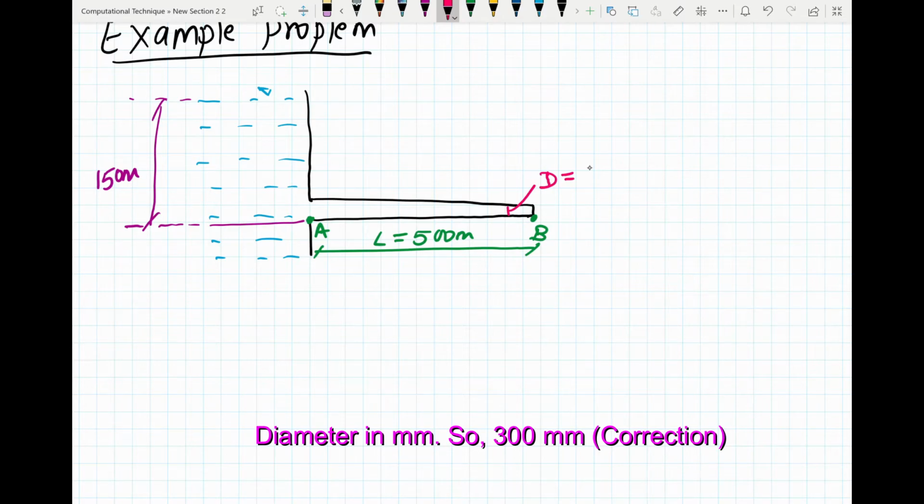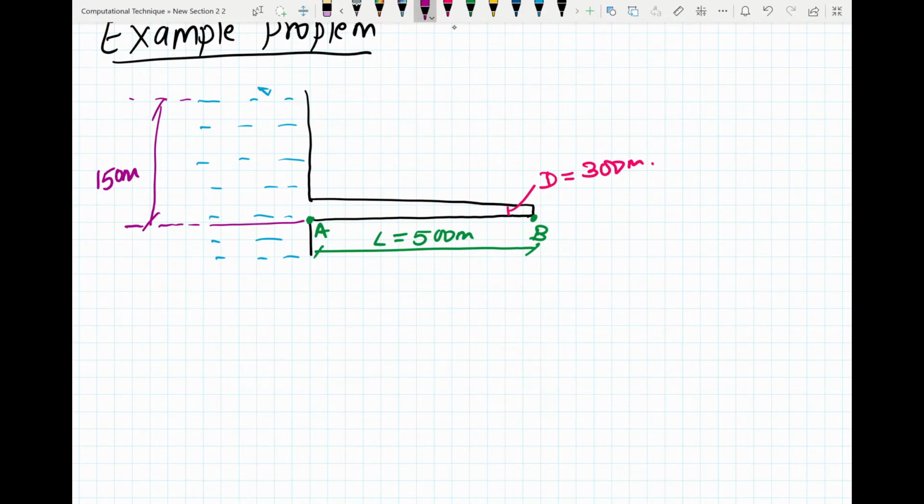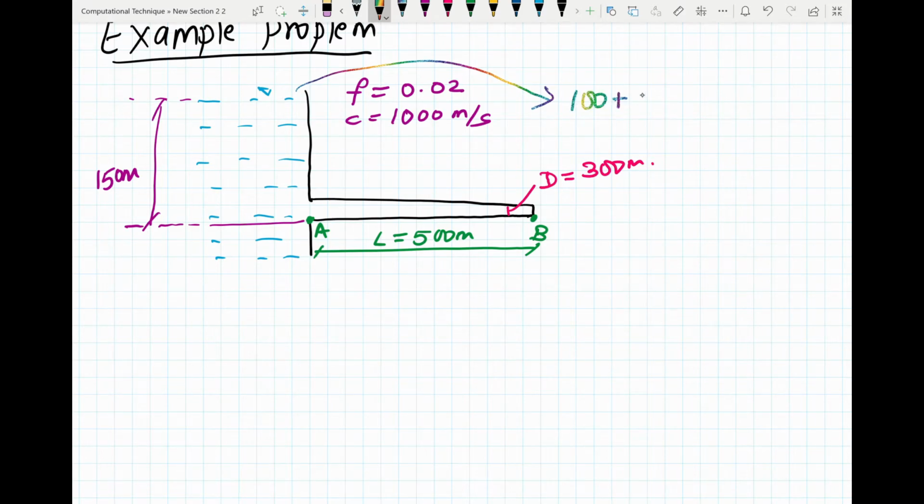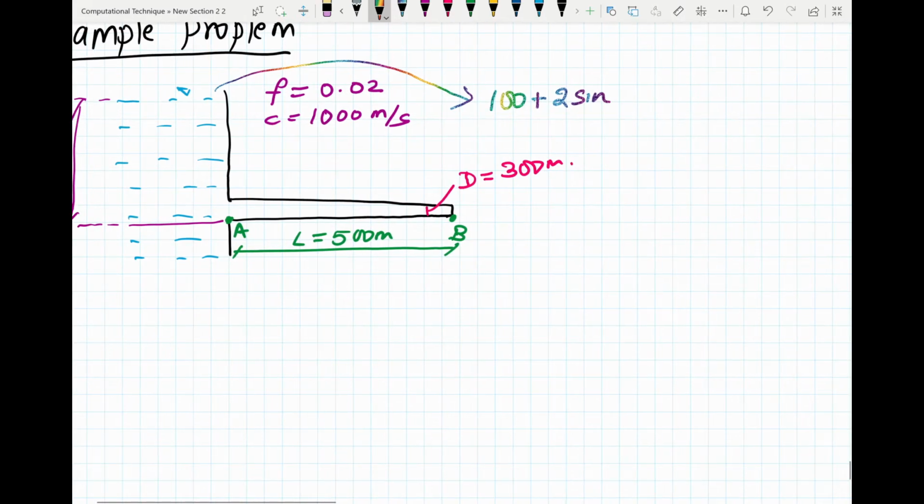equals to 300 meters. Now you may be given your friction factor as 0.02, your celerity speed as 1000 meter per second, and let's say the equation of the hydraulic gradient line at the reservoir follows the sinusoidal wave, that is a sine function as 100 plus 2 sine pi t.